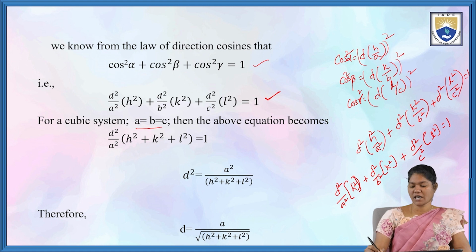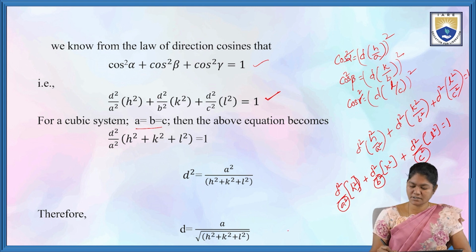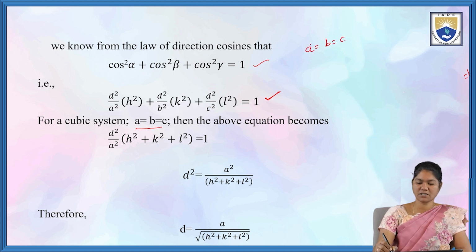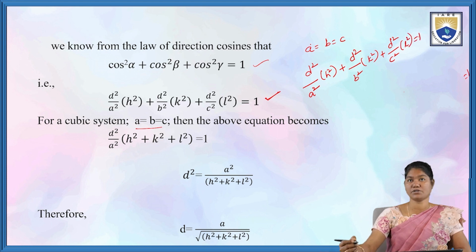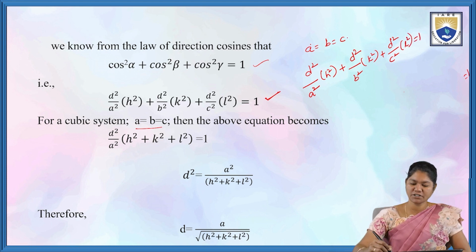As all the sides are equal, when a is equal to b is equal to c, then we can write d square by a square h square plus d square by b square k square plus d square by c square into L square is equal to 1.